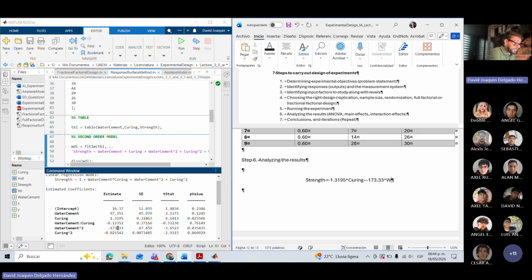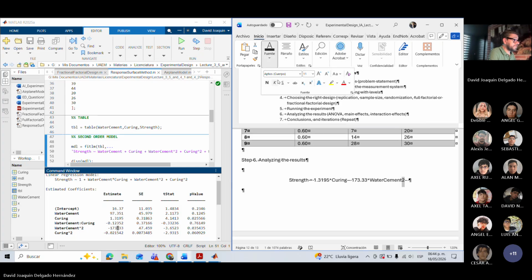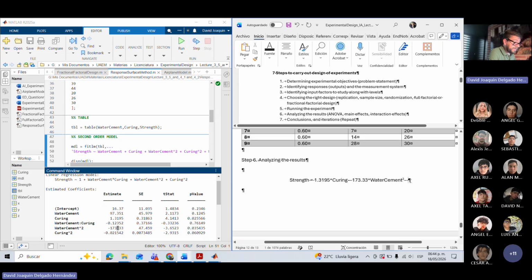So let us put water cement to the second power here, and I am going to use the correct nomenclature, second power. And finally, the last one is not relevant because it is 0.06 and the critical number is 0.05.